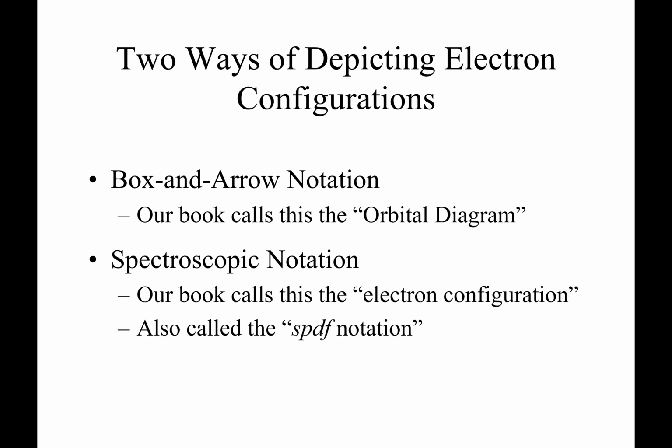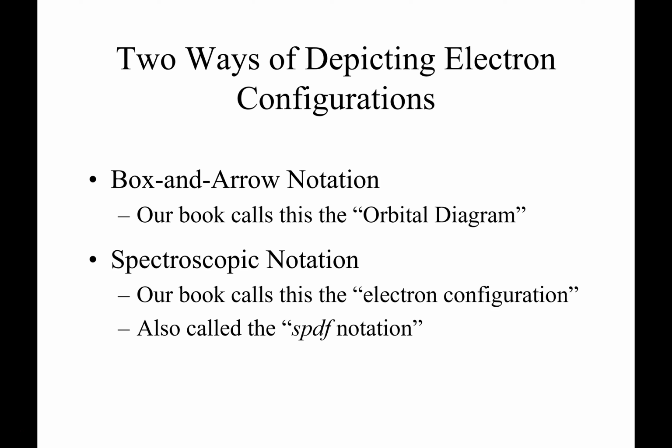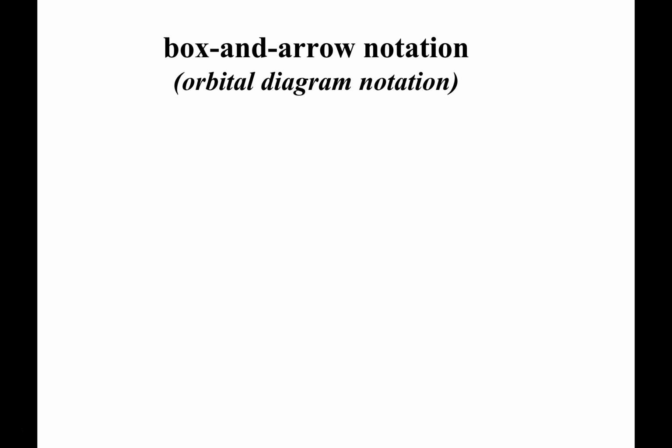So these are the 2 notations to say how those 2 electrons are hanging out: box and arrow, and spectroscopic. Oh, by the way, your textbook uses, I think, circles. This is called an orbital diagram, what Tro uses. And spectroscopic notation is what he calls electron configuration.